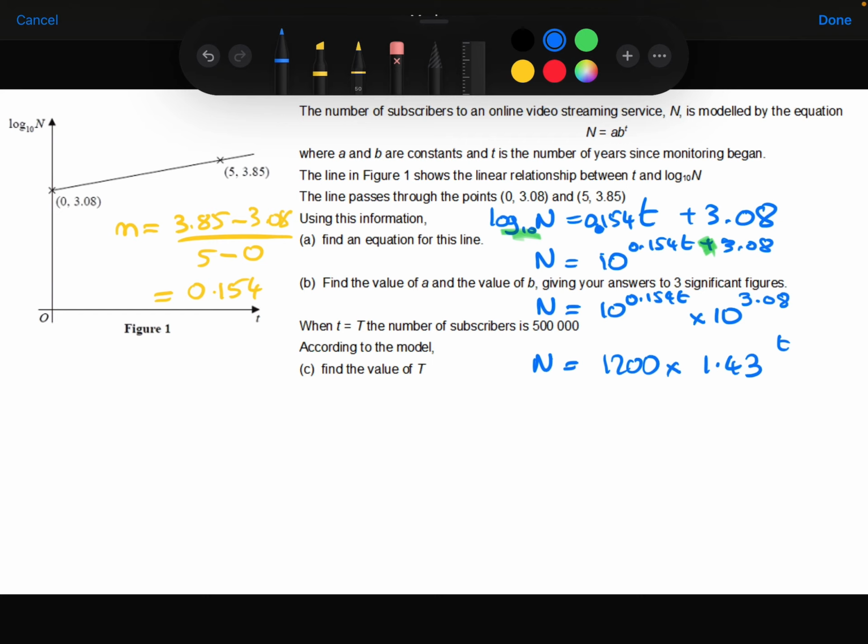And then we're told when t equals capital T, so at a specific time, the number of subscribers is 500,000. So n is 500,000.